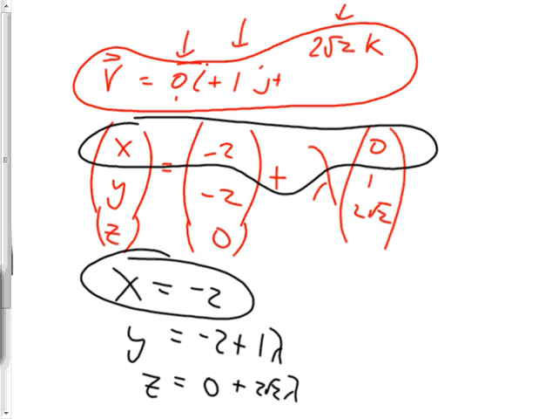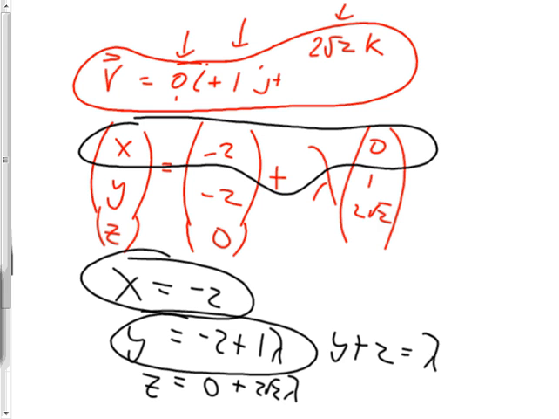This one's already solved. Sweet, no lambda. This one, if I set it equal to lambda, lambda is y plus 2. And this one is, let me think, 0 doesn't really matter. So I'm just going to say z over 2 root 2 is lambda.